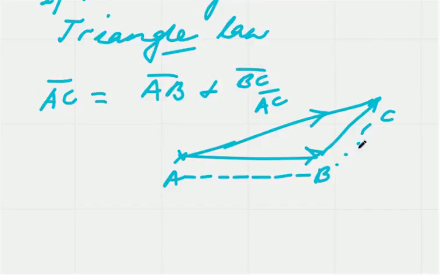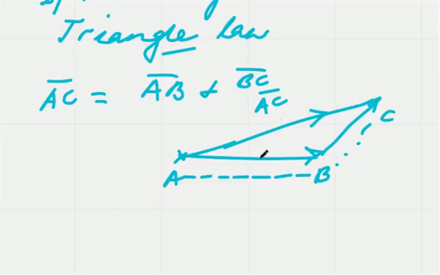I repeat, the vectors are so arranged that the second vector begins from the end point of the first vector. When there are two vectors AB bar and BC bar, BC begins from the end point B. So, AB bar, we start from A, the initial point, and we reach till C. Now, you join the initial point and the final point, you get the resultant vector.